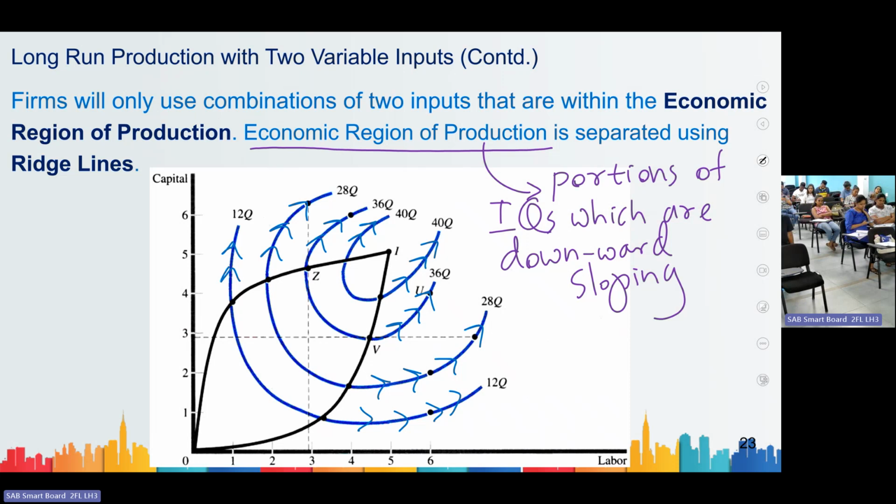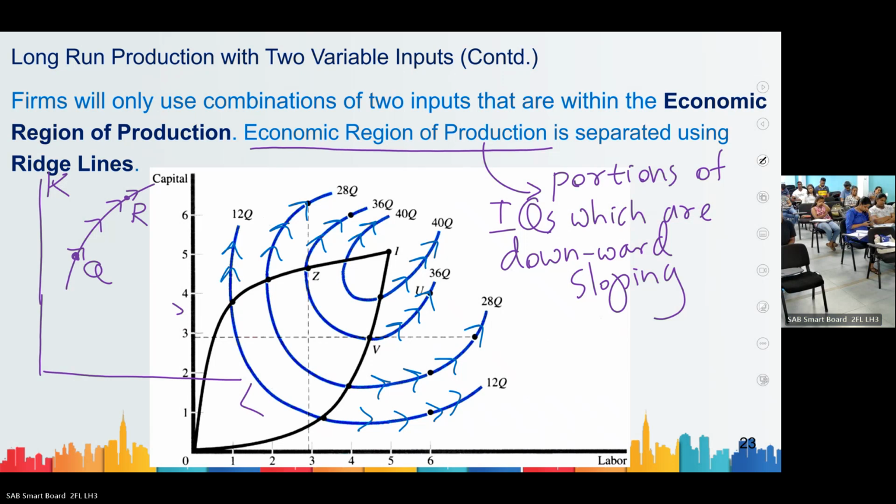Let's say this is an upward sloping portion of an isoquant, with L and K on the axes. To move from one point to another, let's say this is point Q and this is point R, and this isoquant produces Q equals 40.